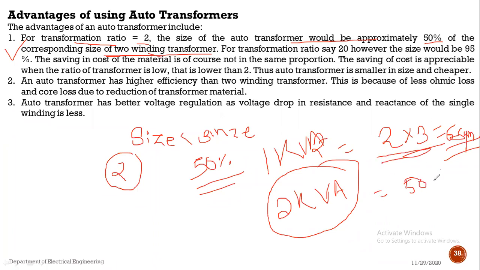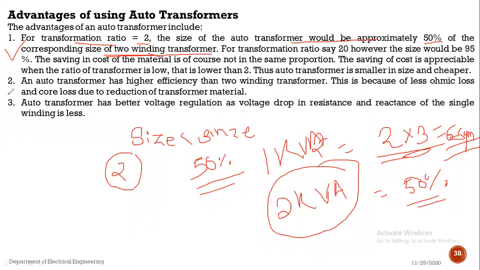So the first advantage is that for transformation ratio equal to 2, the size of the auto transformer will be approximately 50% of the corresponding two winding transformer.